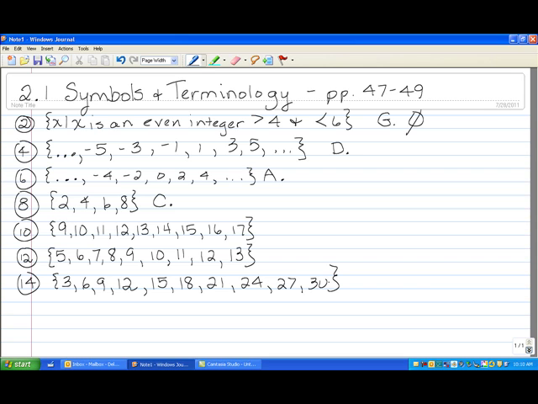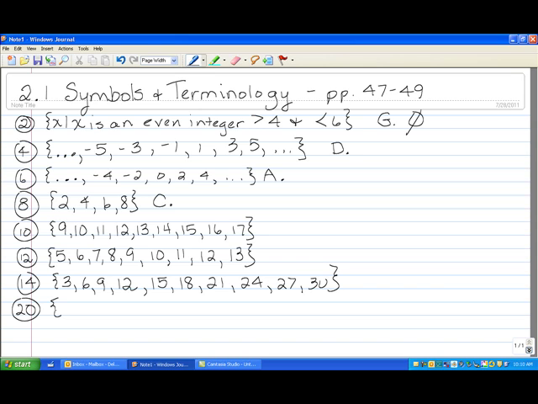Let's look at number 20. In 20, we have the set of all x such that x is an odd integer between -8 and 7.